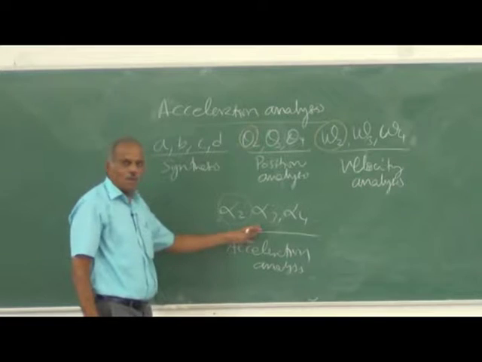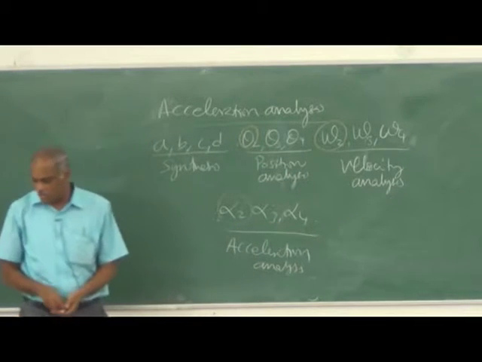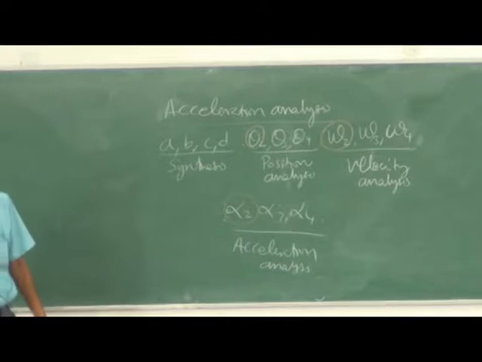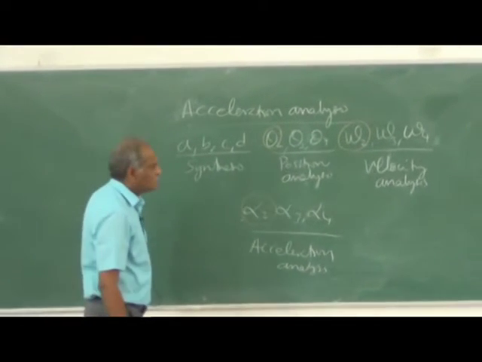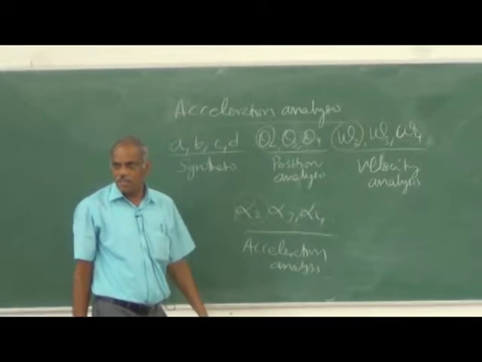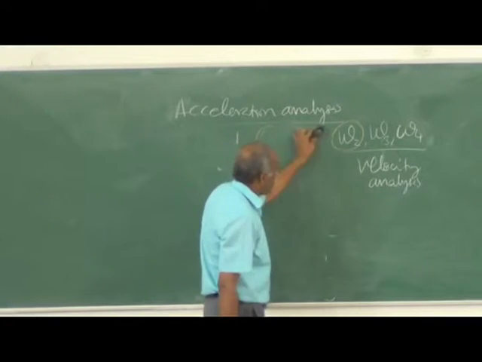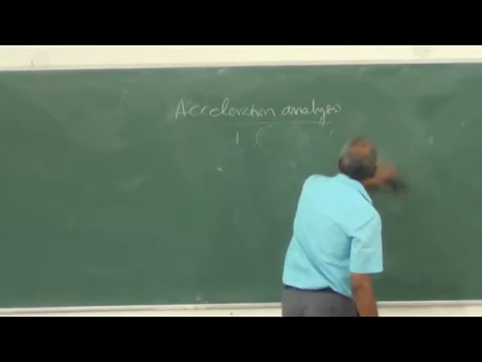You have to find out alpha 3 and alpha 4, that is your acceleration analysis. So before proceeding to do the acceleration analysis, we'll first define acceleration and then we'll derive the equation for the general acceleration.